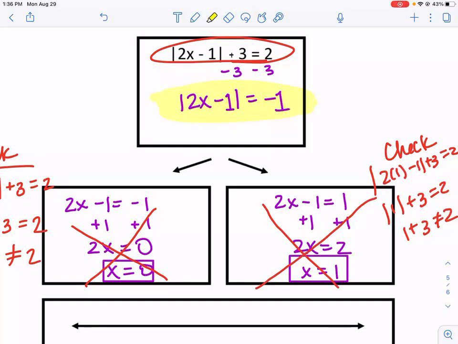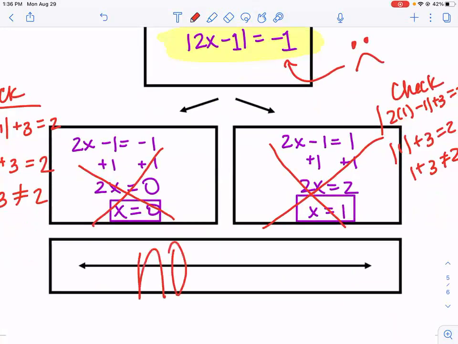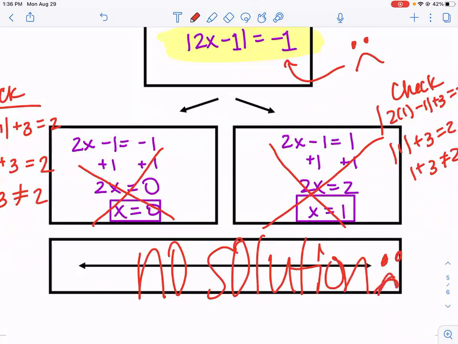Yeah. Can an absolute value equal -1? No, an absolute value is always positive. So if an absolute value equals a negative number, there is no solution. None.